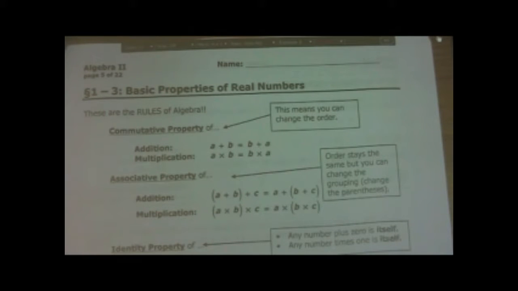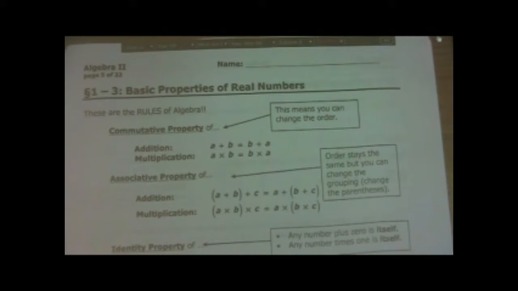So notice something. Both sides are in the same order: A, B, C. What is changed is that A and B are grouped on this side, and B and C are grouped on the other side. It doesn't matter how you group those. You will still get the same answer.